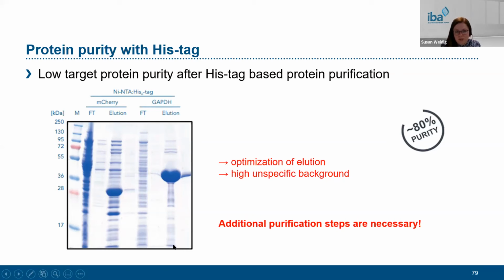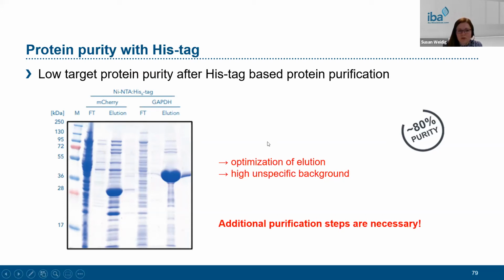The reason for this is that, for example, proteins from mammalian cells or antibodies often contain natural histidine repeats, and proteins with natural histidine repeats will also bind to the nickel NTA resin. So you will purify the his tag protein and proteins with natural histidine repeats, and they are all in your elution fraction.